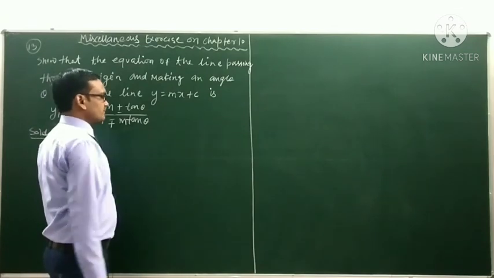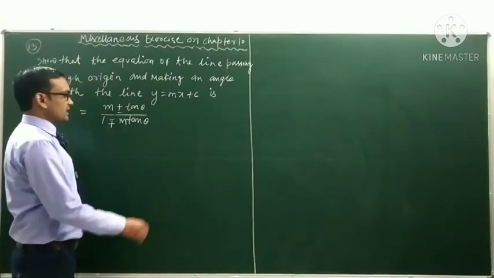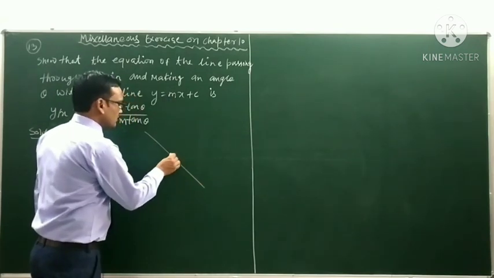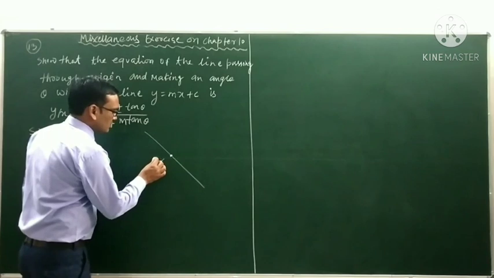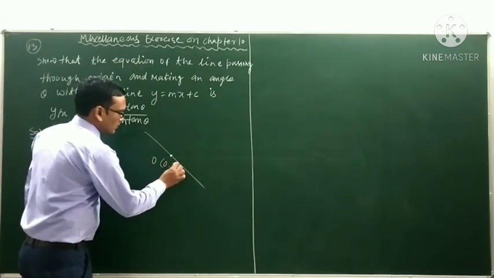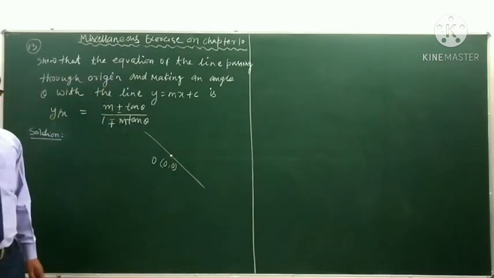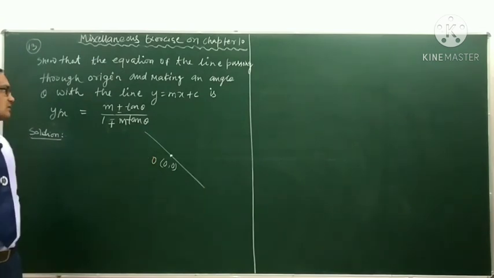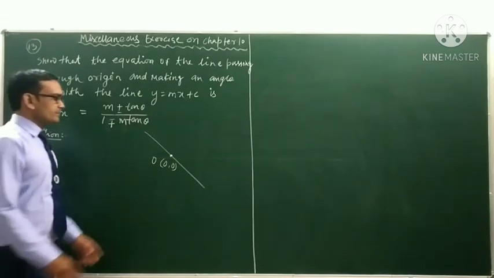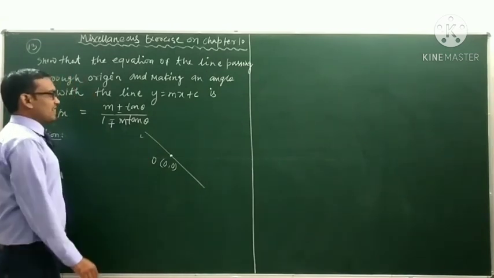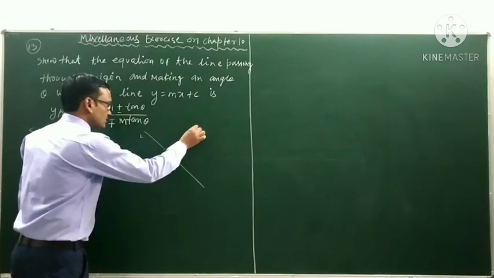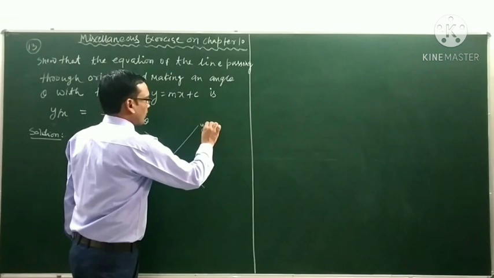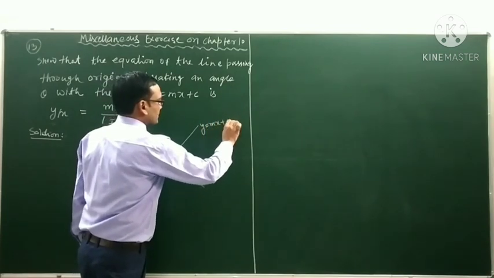In this question, suppose that the line passing through the point O (0, 0), O is the origin, and the line making the angle theta with y equal to mx plus c.